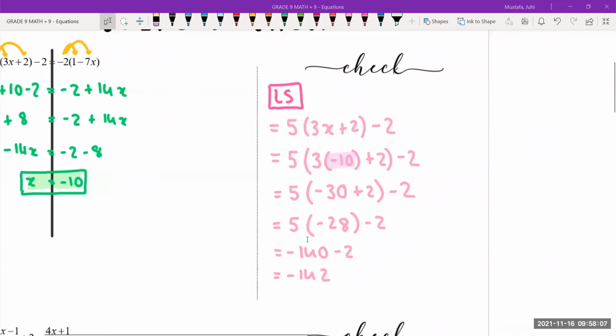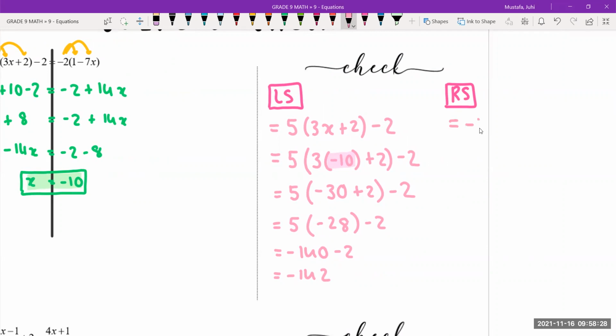So I'm going to do the same exact process now, looking at the right side of my equation. I make a big RS that represents right side. I don't set these equal to each other. It's almost like this is a completely separate equation now.